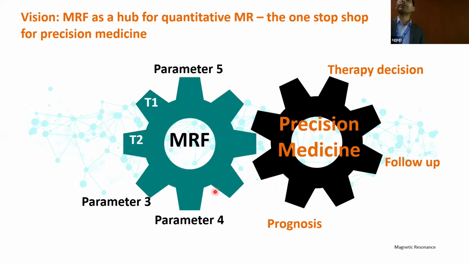When you have 4 or 5 parameters, rather than the qualitative permutation and combination we are currently doing, we can have quantitative 4 or 5 parameters. And by use of AI, as Chatterjee also showed, based on 2 parameters he was able to predict a lot of high clinical outcome. It is possible to get much more insight into therapy decisions, follow-up, and patient prognosis as well.